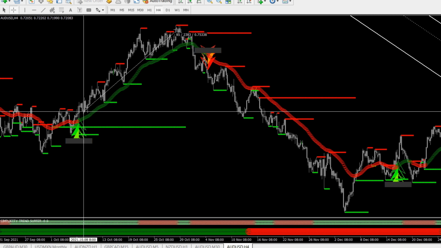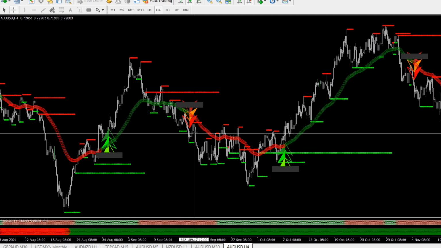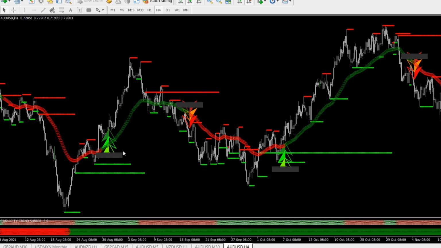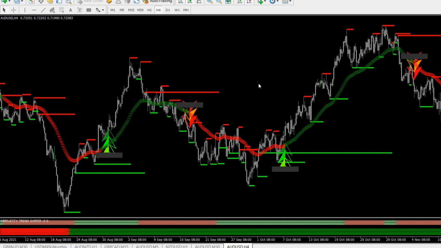Over here we see another 250 pip trade. Again, the sell trade 120, this one was 150. So this indicator is not only for day trading. As you can see, if you are a swing trader, this indicator produces high quality trades.